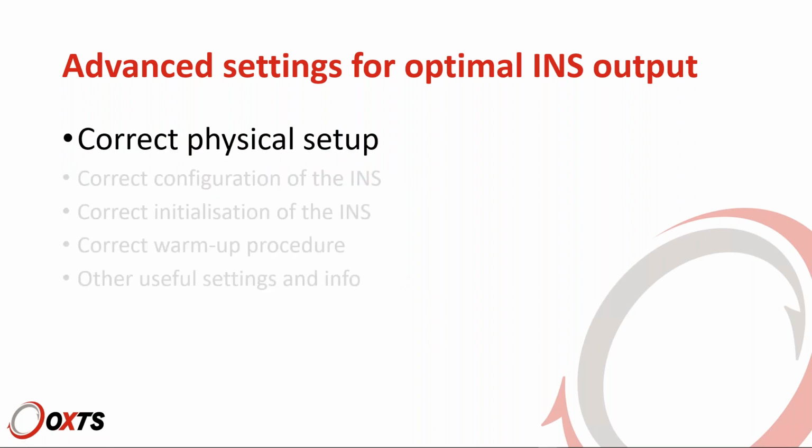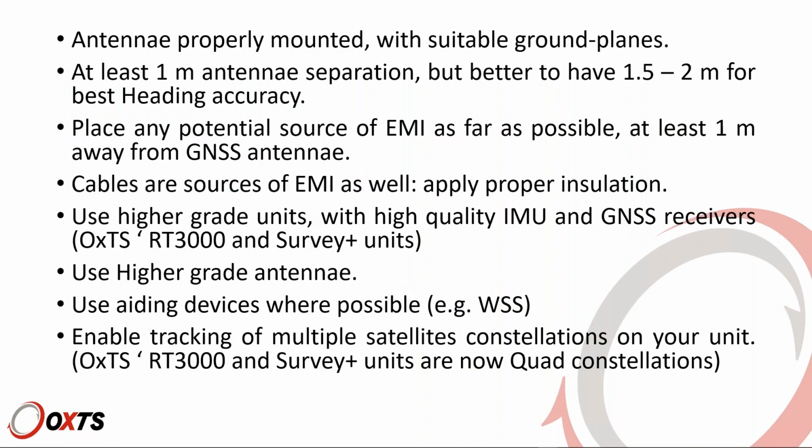So let's start with physical setup first of all. We start with antennas. Obviously, these are the only source, in fact, of the GNSS data. One of the main sources for data that the system will use to calculate its position and velocity and its navigation solution.